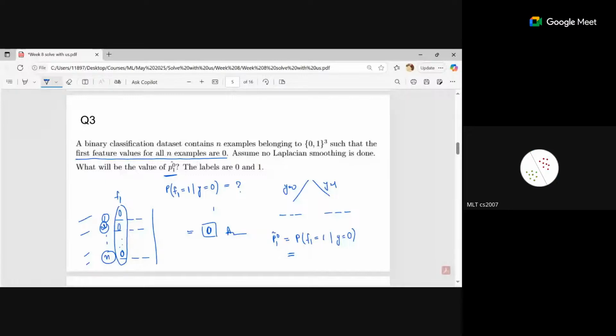So let's say in the extreme case, all of these were zero, then there is no example where you will find f1 to be 1, because it's all zero. So this term you are going to get is zero.